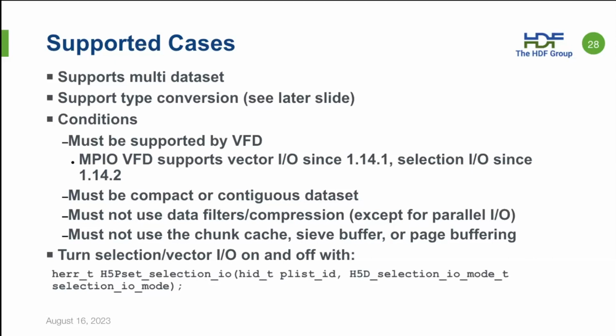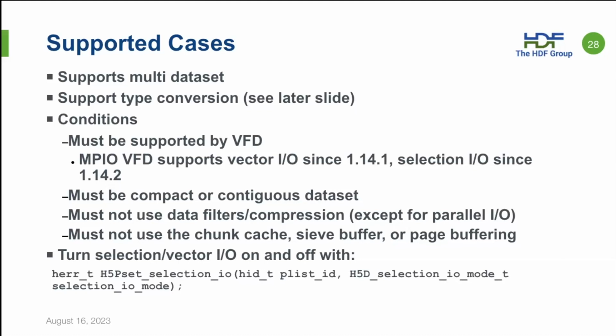Except for parallel IO, it can't use data filters such as compression. For 1.14.2, vector IO has been implemented for parallel compression. And you can't use a chunk cache, a sieve buffer, or page buffering because the cache kind of defeats the purpose, I guess, in some ways. Although we can maybe improve performance a little bit by implementing vector IO just to and from the cache.